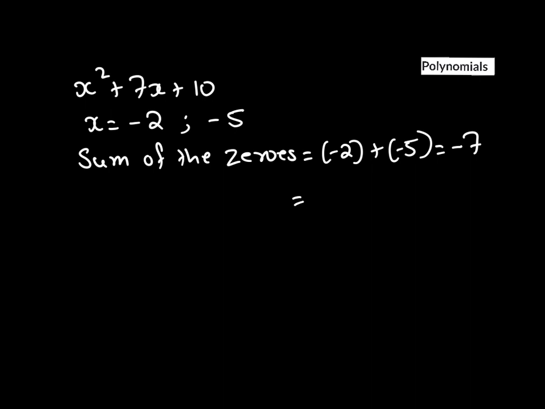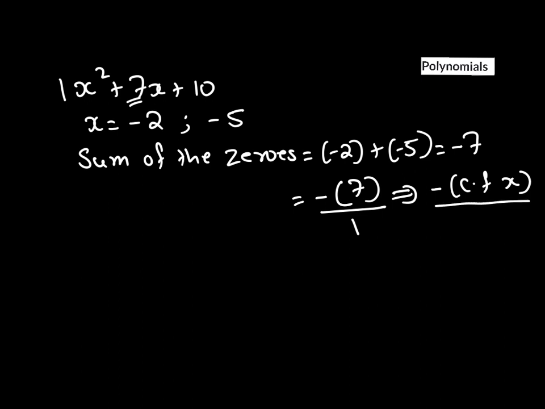Observe over here, negative 7 happens to be the coefficient of x over, I can write it as 1, and 1 happens to be the coefficient of x squared. So we have verified that the sum of the zeros is same as negative coefficient of x divided by coefficient of x squared.